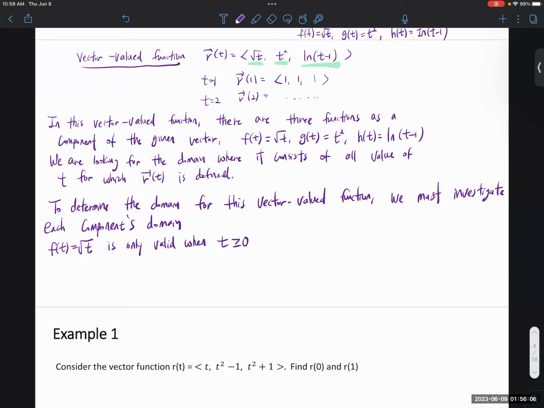And this time, they want you to know as t is getting close to 0, where this vector is heading to. So we are taking the limit. They want you to find the limit value as t approaches 0 in terms of this vector value function. So what happened? We're going to use this definition, correct?